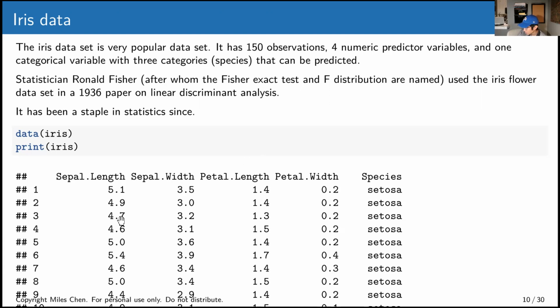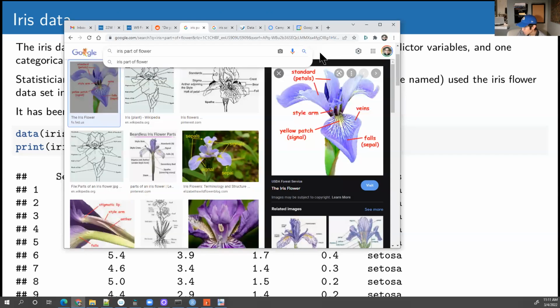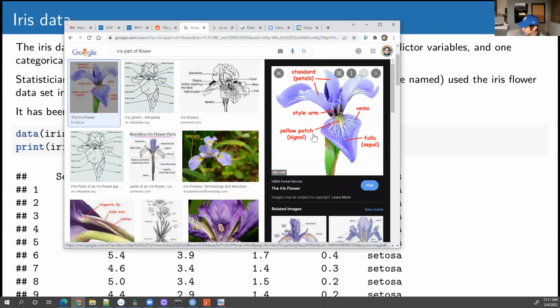The researchers had measured the sepal length, sepal width, petal length, and petal width of 50 specimens of each of these species. This is a picture of an iris, and the part down here is the sepal, and then the part that stands up is the petal.